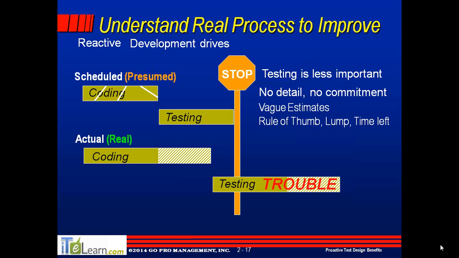And then it's very common that the testing is all lumped into a single lump or task. So we've got 3 one-month coding tasks, and then we say, oh, and then we're going to have some testing, and who knows how long is going to be given to that, but it's probably not going to be nearly enough. And frankly, what often happens is the testing is allocated the time that's left after the important stuff, after the coding is done.